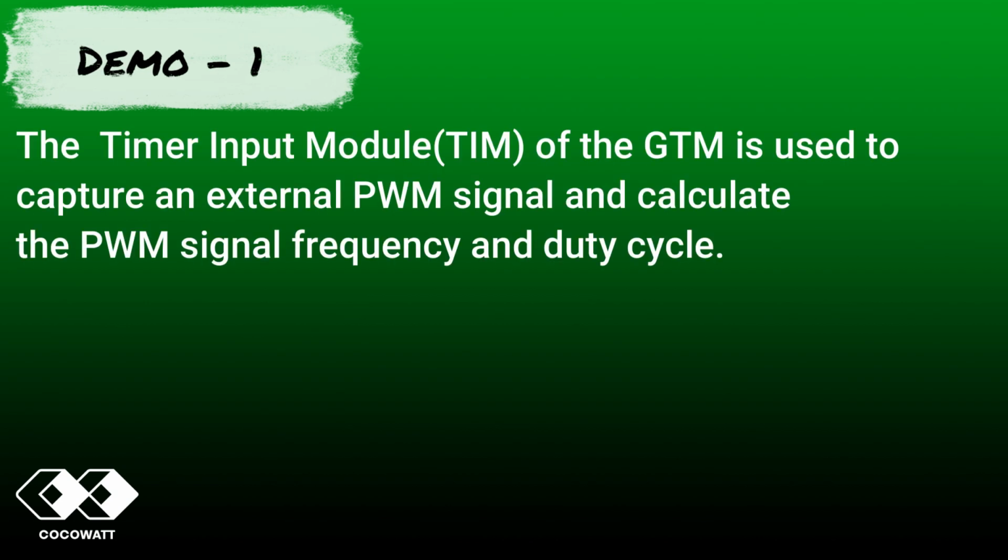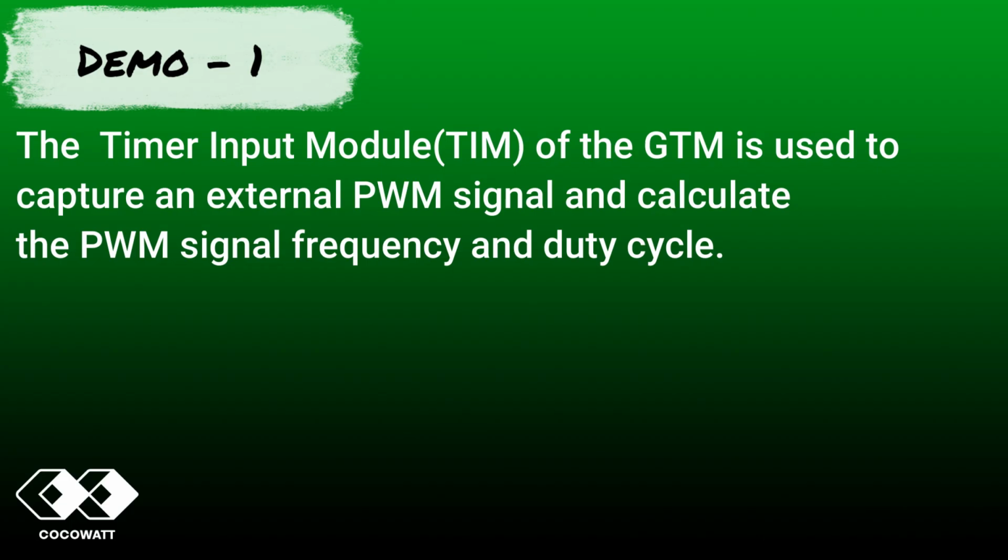As we mentioned, the timer input module TIM of the GTM is used to capture an external PWM signal and calculate the PWM signal frequency and duty cycle. Here, for demo purposes, we will generate the PWM using the TOM submodule of the same AURIX microcontroller and will externally connect it to the TIM module.